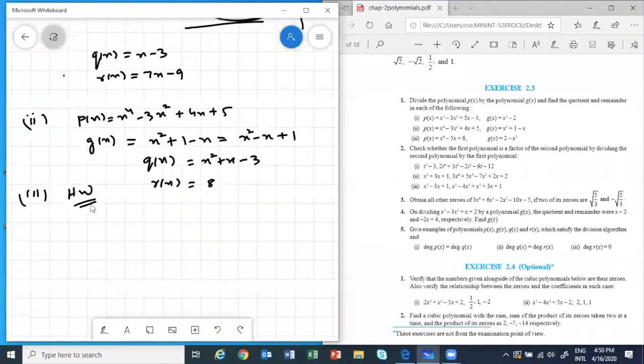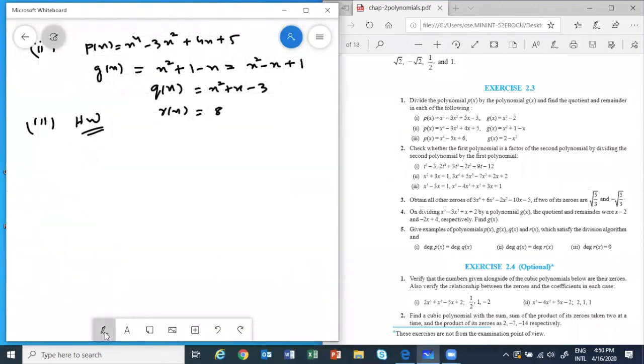Read the question on your own firstly. What we are saying, check whether the first polynomial is a factor of the second polynomial by dividing the second by the first polynomial. You have to divide your second polynomial by the first polynomial and check whether it is a factor.